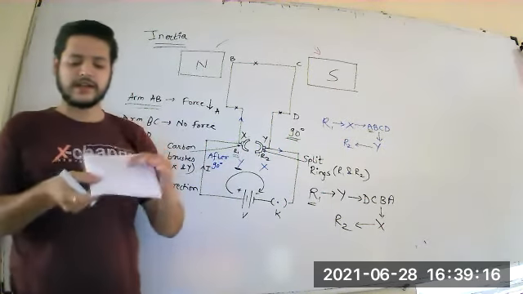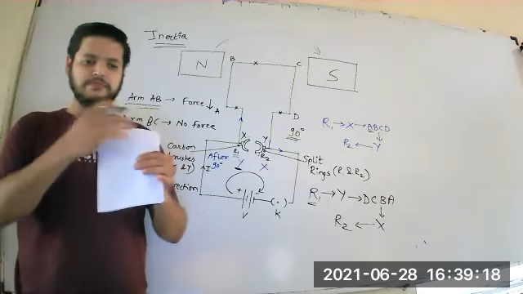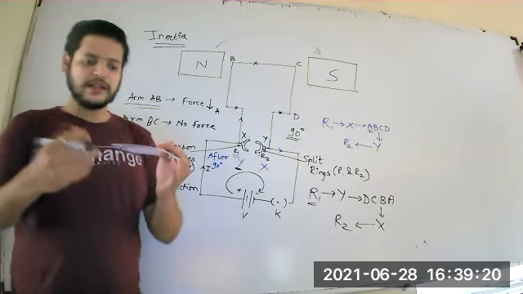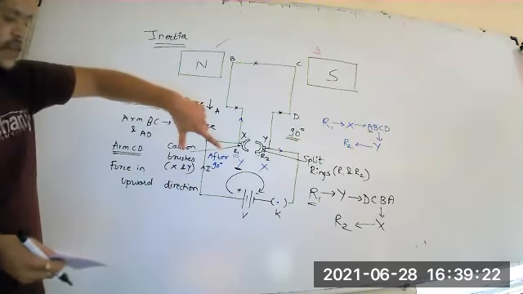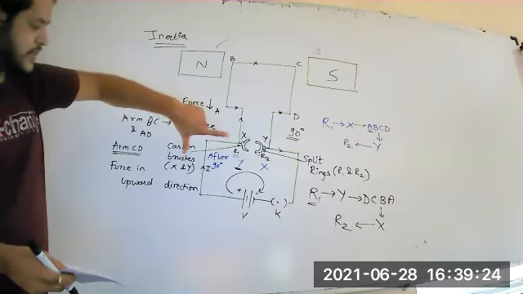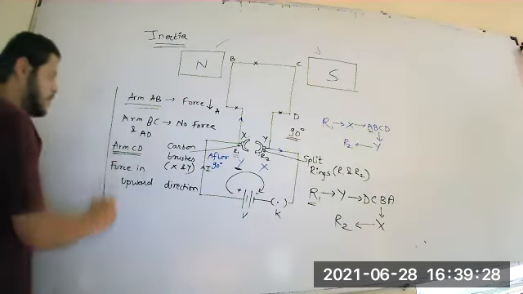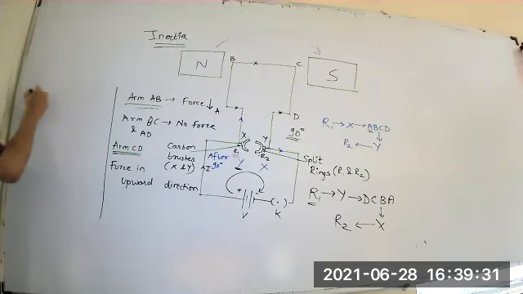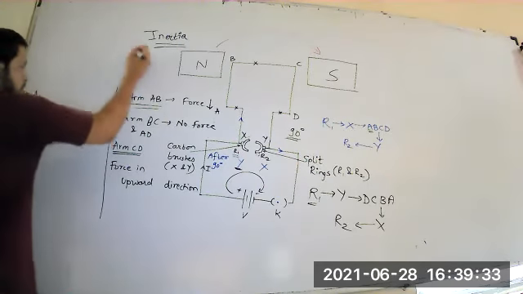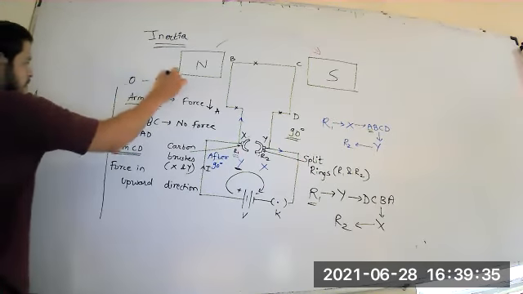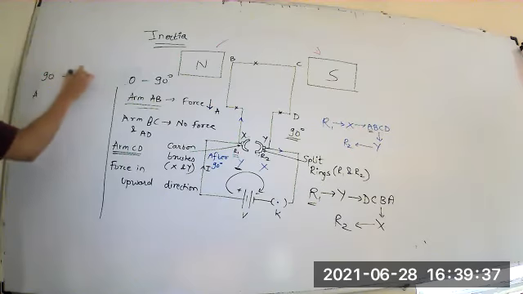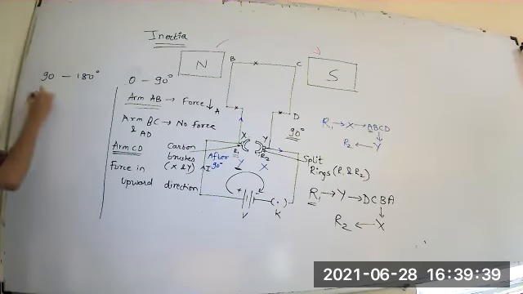Even if we consider it as DCBA, still the current is going inside, the field is the same and the force is in downward direction. So this is from 0 to 90 and this is from 90 to 180.